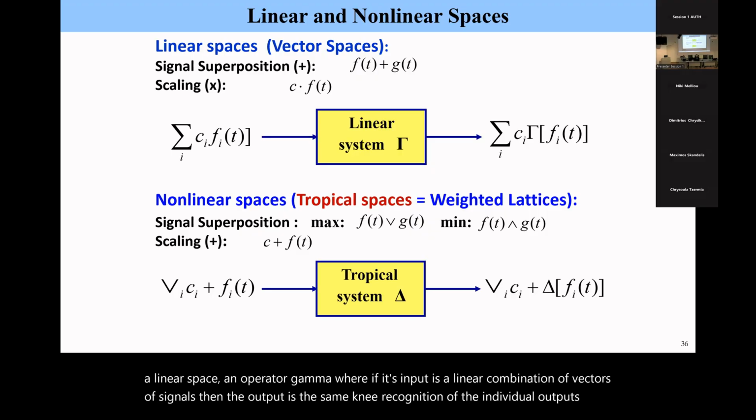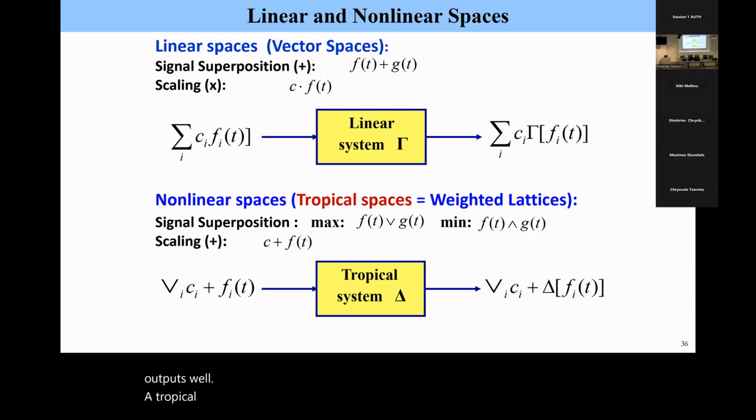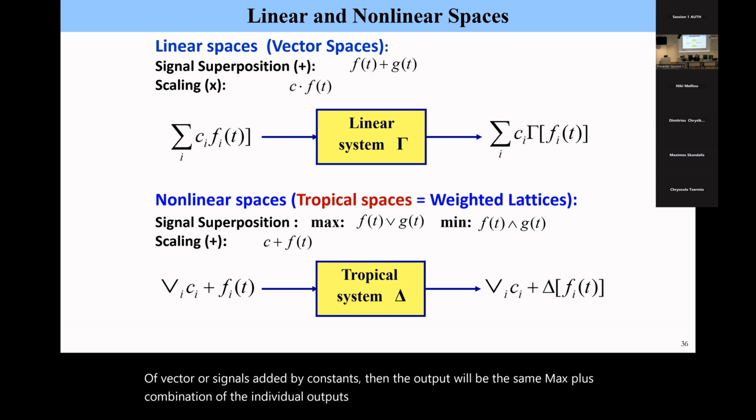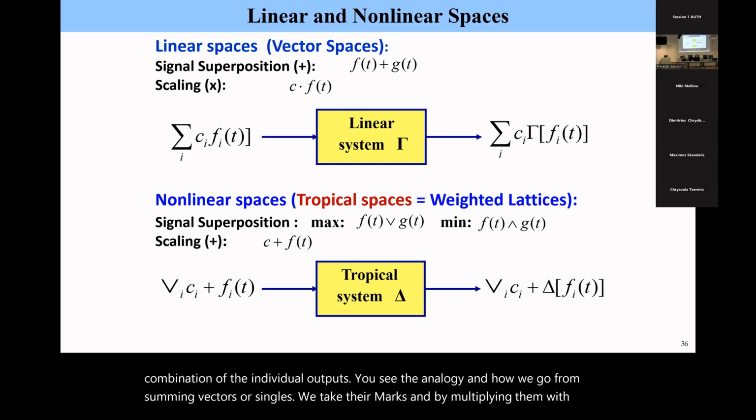Well, a tropical operator of the max type, it's an operator delta, like a dilation, where if its input is a maximum of vector or signals added by constants, then the output will be the same max plus combination of the individual outputs. You see the analogy and how we go from summing vectors or signals, we take their max, and by multiplying them with constants, we add them with constants.